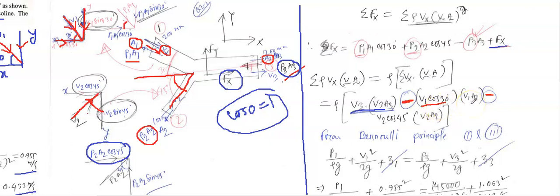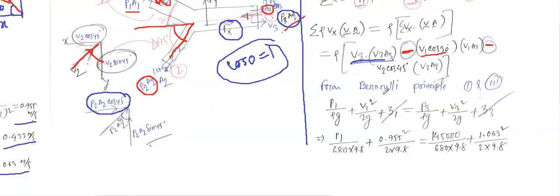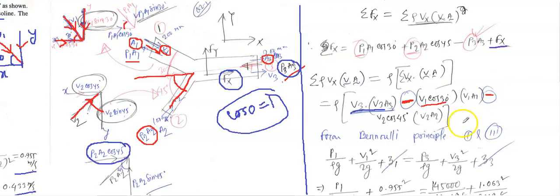So now we need to calculate the pressure. We don't know the pressure, so we will start solving by implementing the Bernoulli principle. If we want to calculate this net force, we need P1, P2, and P3, the pressure.